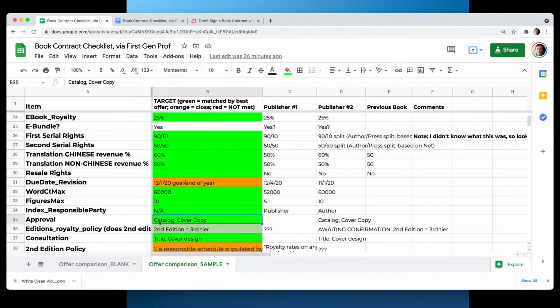And the reason is the back cover of a book, typically speaking, is not just artwork. It's things like the author's name and the bio and blurbs and a description and things of that nature.